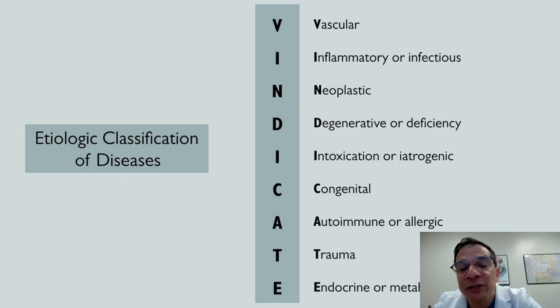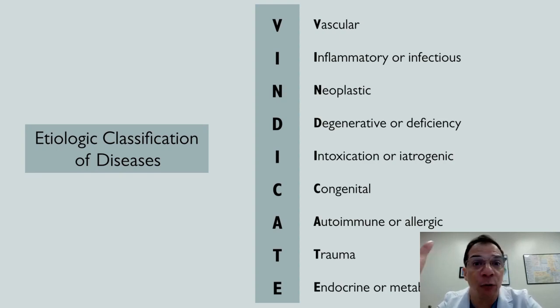Then intoxications, iatrogenic causes that may cause chest pain, congenital malformations, autoimmune diseases like lupus or allergic reactions, trauma to the chest or different traumas, and also endocrine metabolic problems. Hyperthyroidism, for example, that produces tachycardia may lead to chest pain. So this is a mnemonic that is very useful and can be used for any symptom, any sign, so we don't forget.